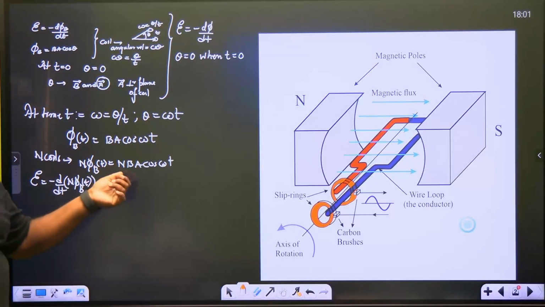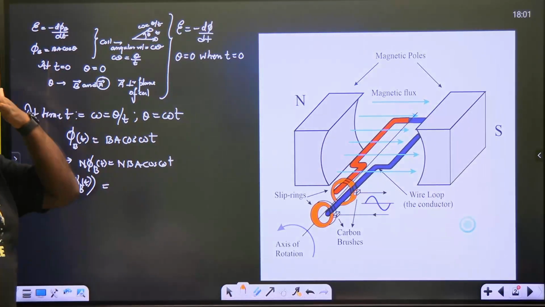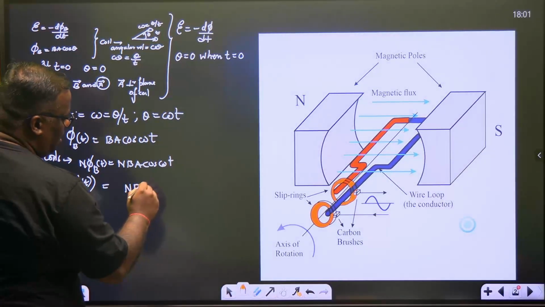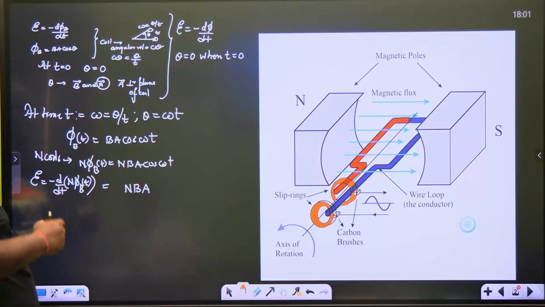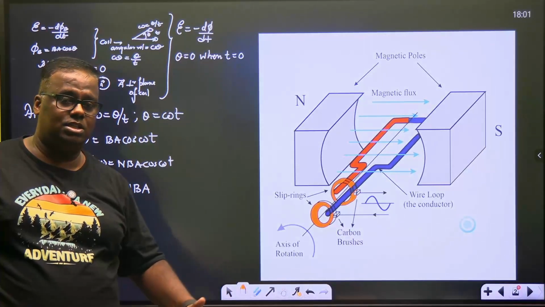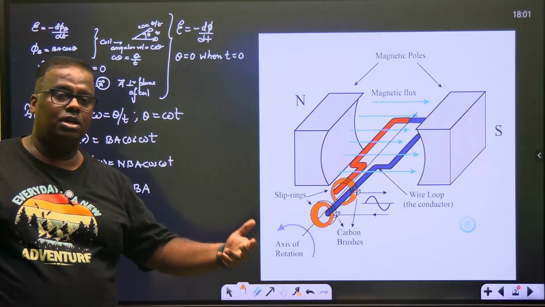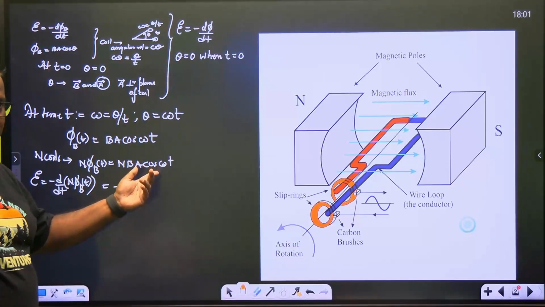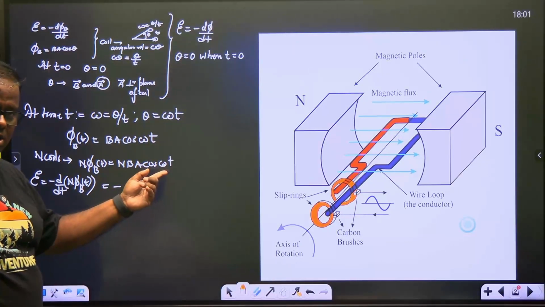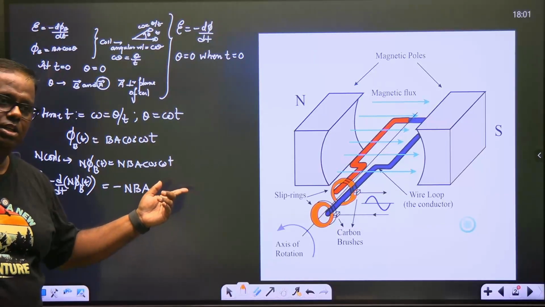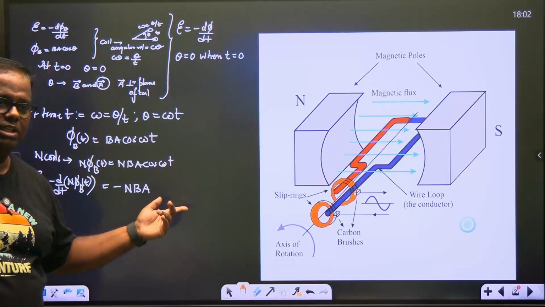N is constant, B is constant, area vector is constant. So all these constants come out. NBA. Look here, children, I have put this negative. Cos omega t's derivative is minus sine omega t into omega. d of cos of something is minus sine of that something, then d of that something by dt.